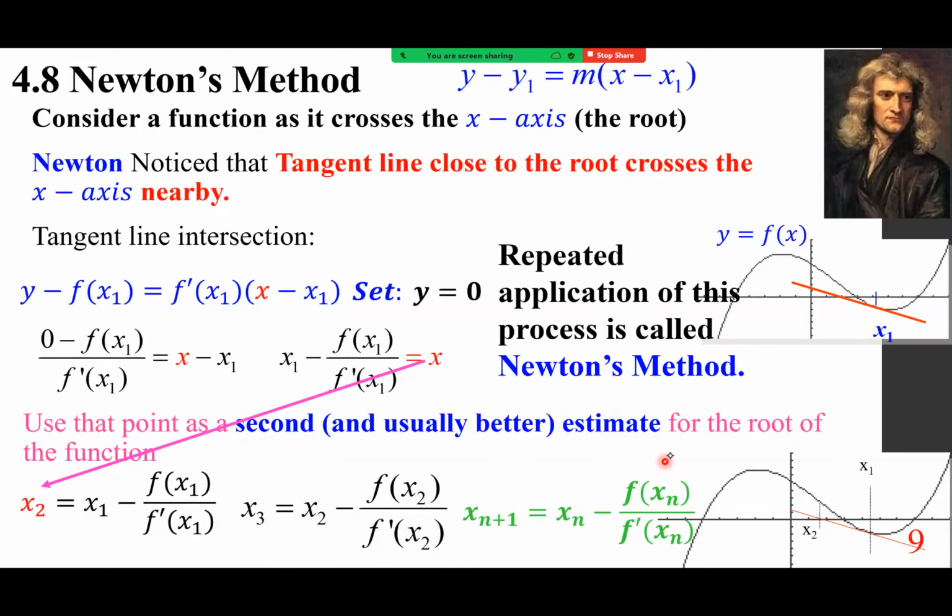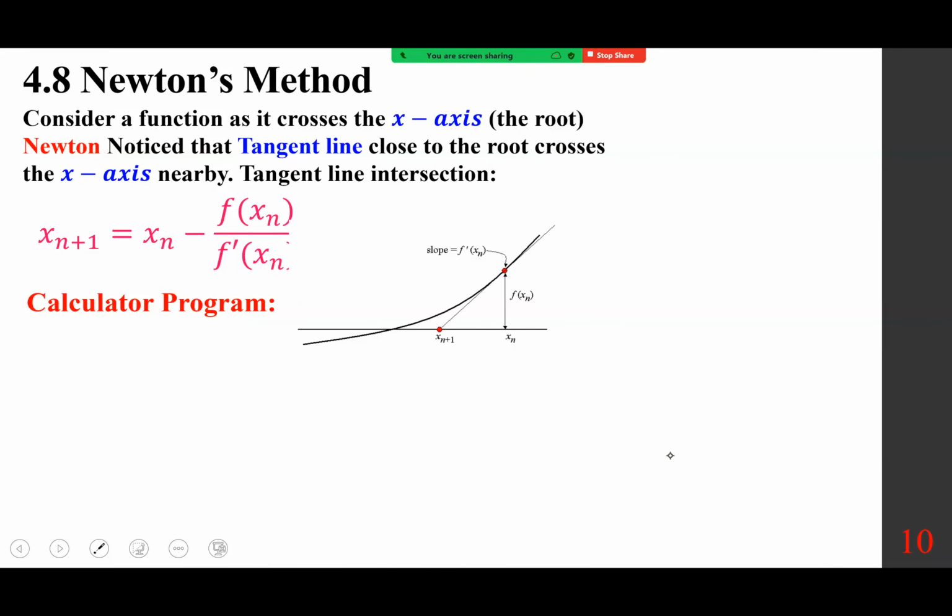And to recap this, again, we are looking at the same concept. This is Newton's formula. Consider a function as it crosses the x-axis. The root, Newton noticed that the tangent line close to that root crosses the x-axis nearby.